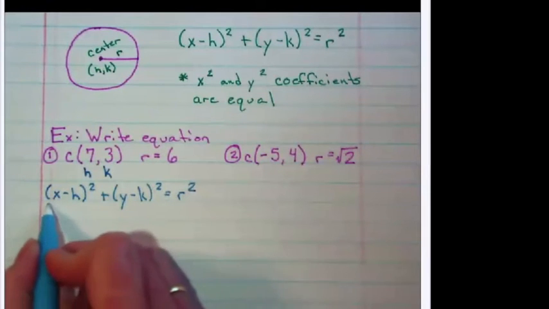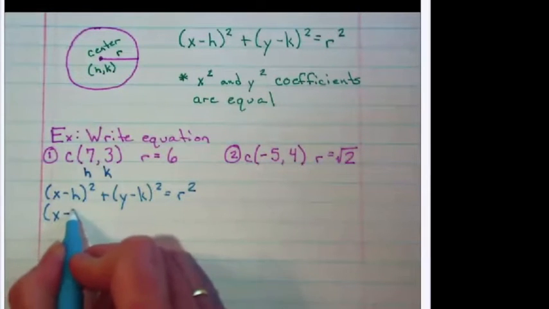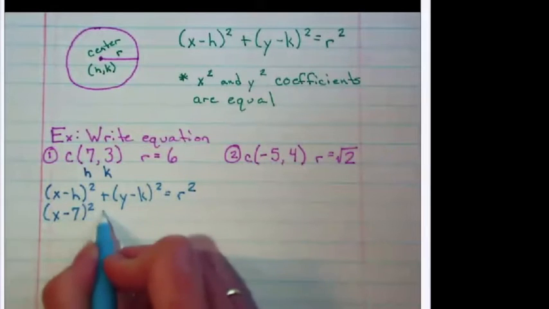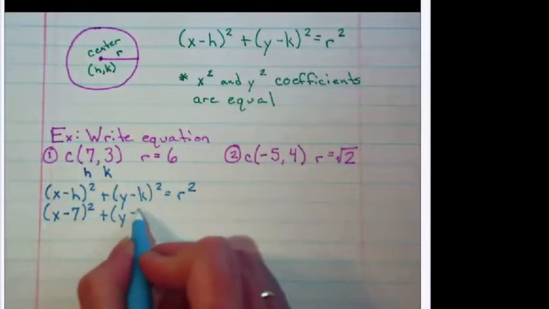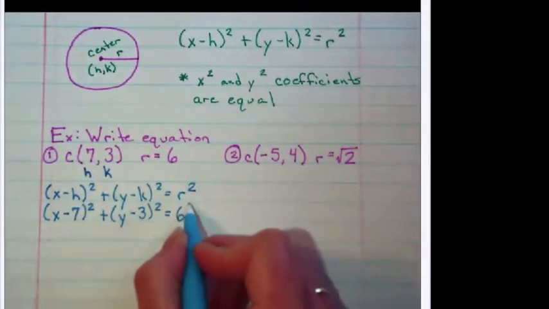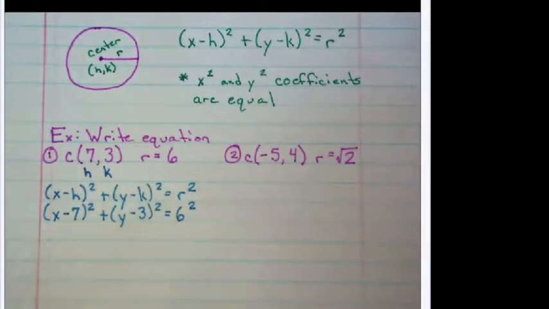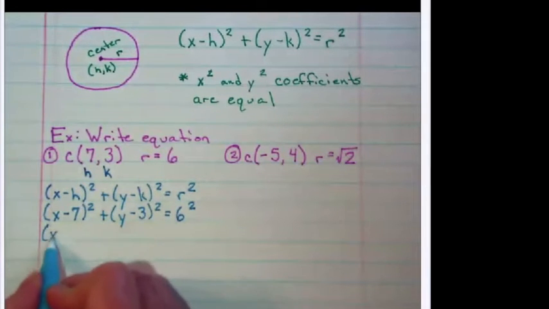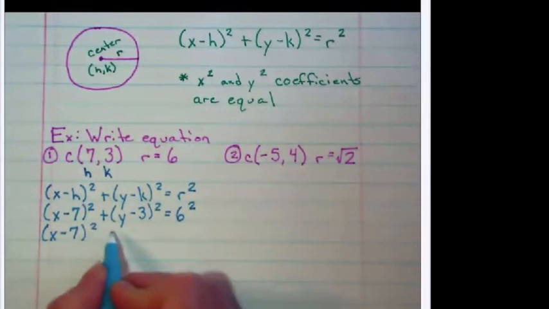So if we plug those 2 in, we've got x minus 7 squared plus y minus 3 squared equals 6 squared. So we could rewrite that and change 6 squared into 36.